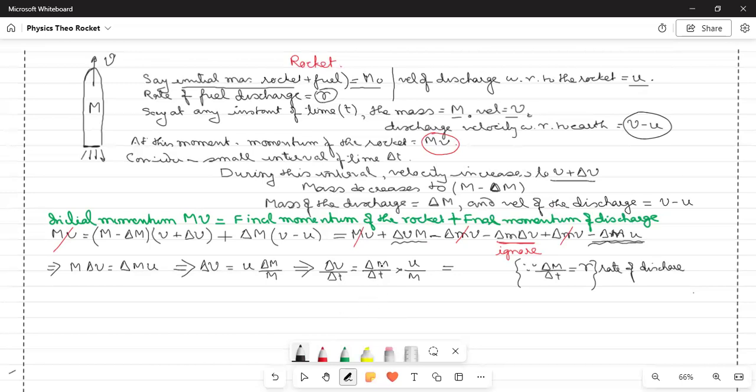So del M by del T we replace by R. So it is equal to R U by capital M.